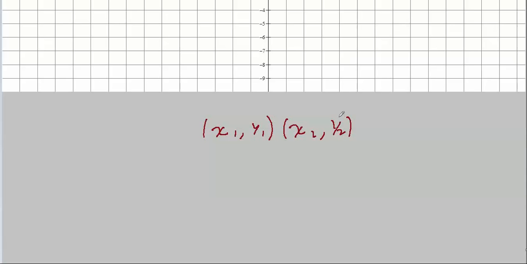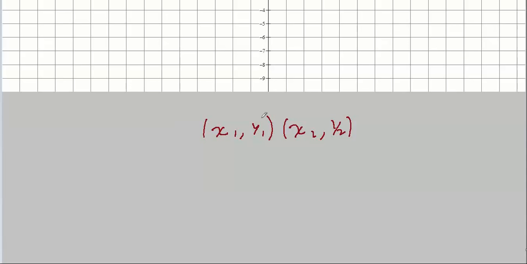You can go either direction, but you have to go the same way both times. In other words, we're going to subtract the y coordinates from each other, and we're going to subtract the x coordinates. We're going to take the difference between the y coordinates and take the difference between the x coordinates. The trick is we have to go the same direction both times. We can take y2 minus y1 and then x2 minus x1.